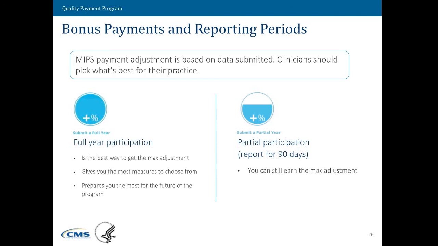It could be 120 days, 6 months, 9 months, 10 months, and it could be for any of the performance categories. One of the main takeaways that I want folks to really get from this is that the more you participate in the MIPS, that means the overall higher potential incentive you could earn, because that means that we, CMS, would be receiving more data, which means that your total numerical final score would potentially be higher.